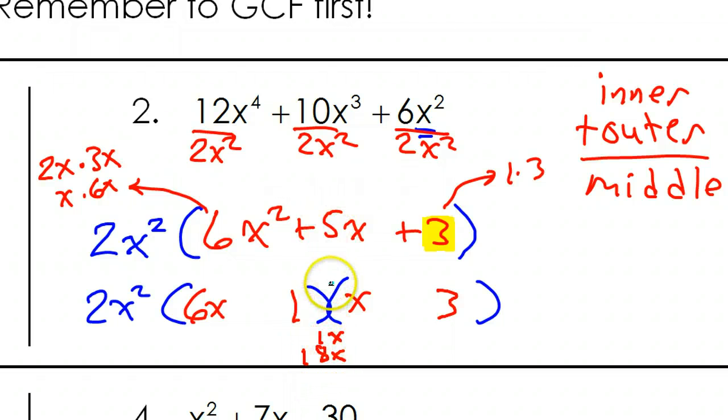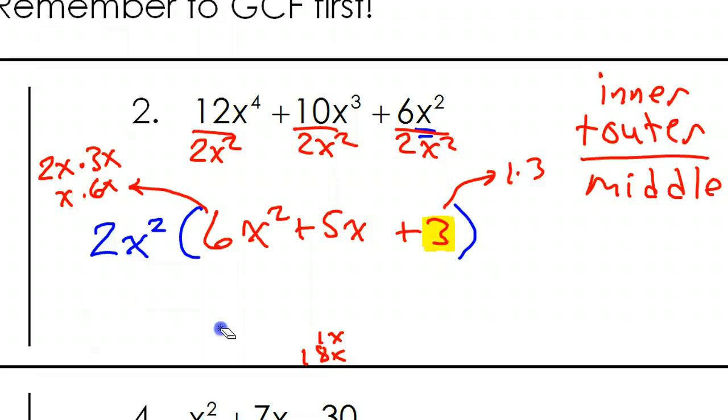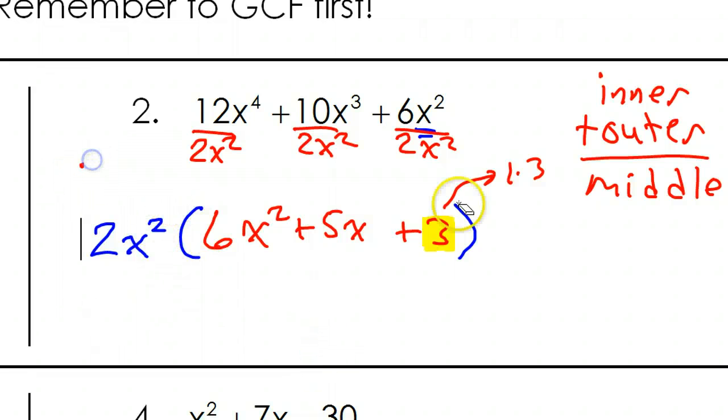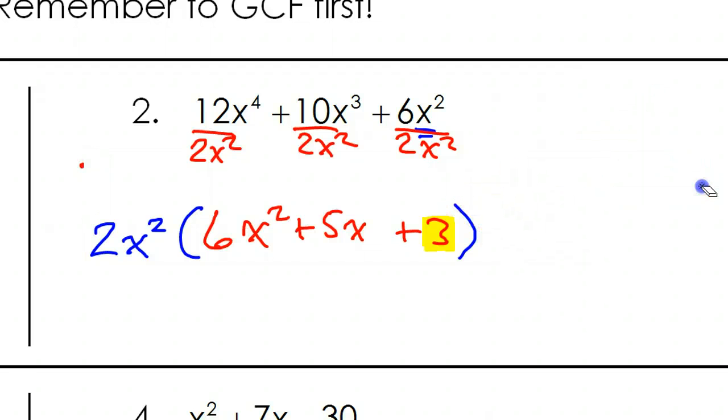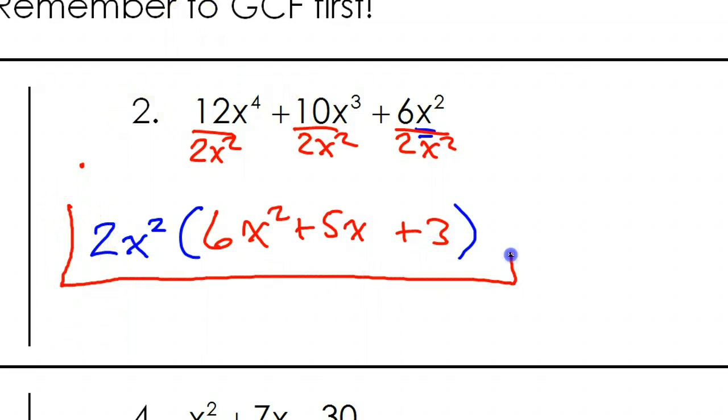There's no way to get 5 out of that. So this is seeming to be unfactorable. We must be done on the previous step, because we had to try, as it might have been factorable, but we tried all of the possibilities and nothing worked. Which means this is the correct answer.